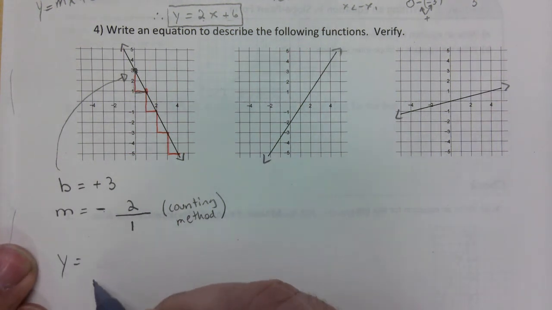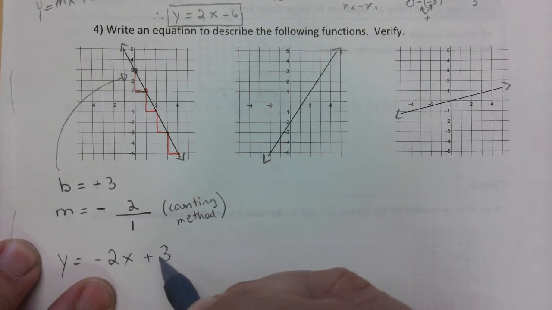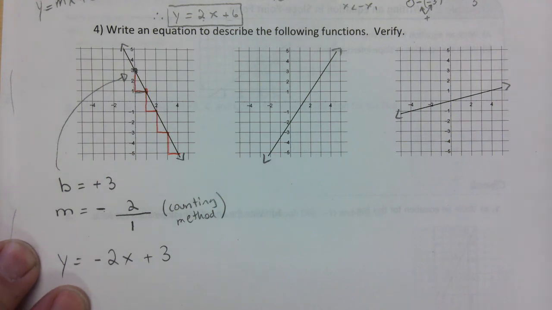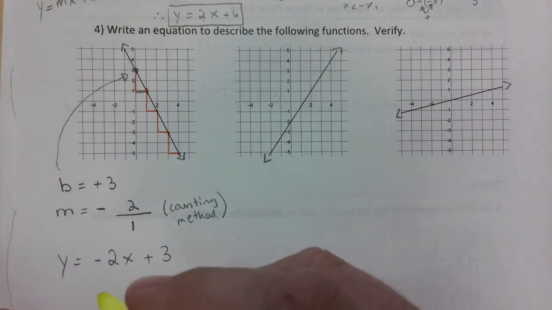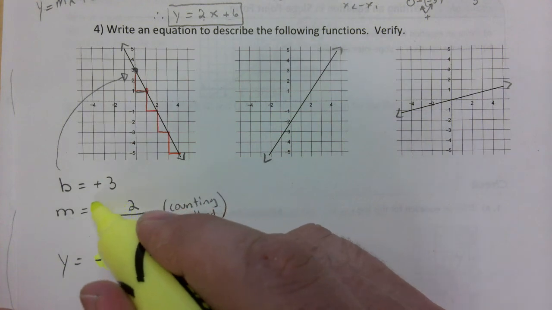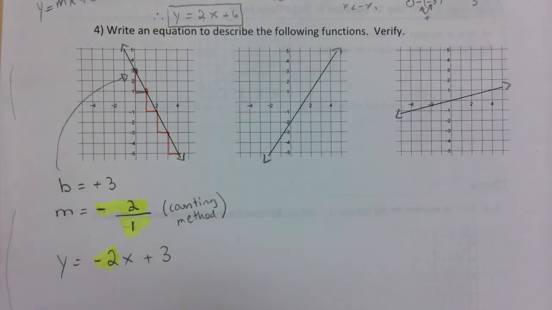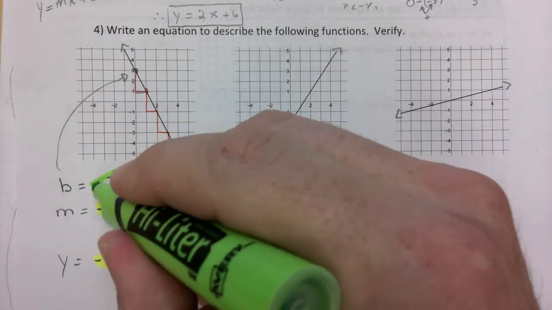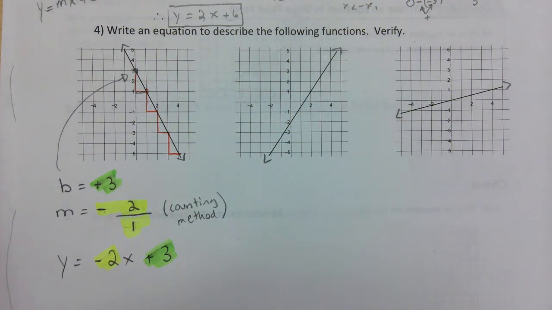So the equation would be negative 2x plus 3. Okay. I will highlight the negative 2. It's basically 2 over 1. And then orange. Right?